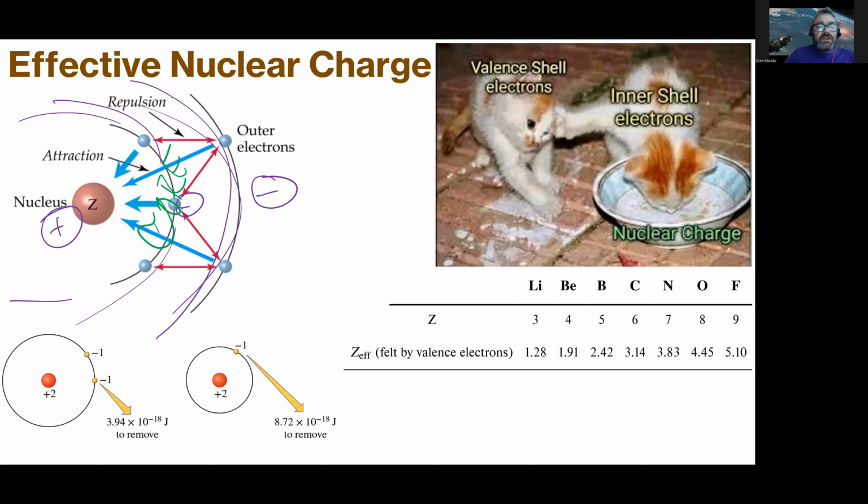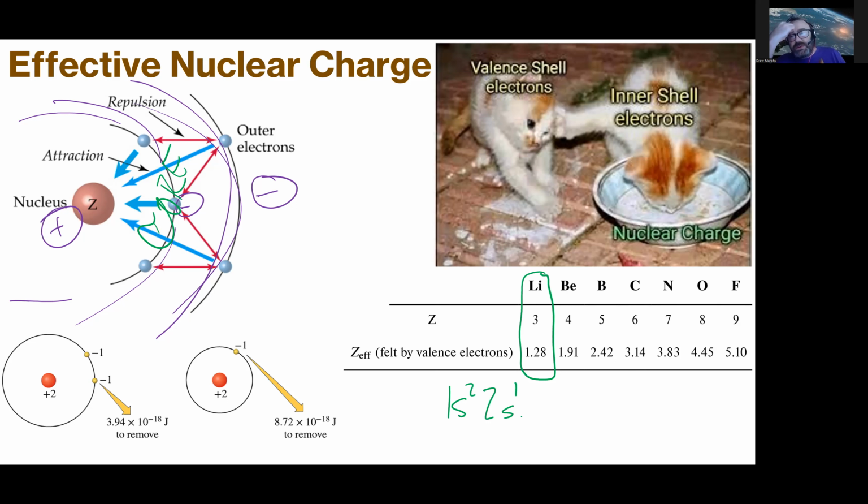So if you think about it, I like my lithium example. Lithium here has 3 protons and 3 electrons. So it's going to be 1s2, 2s1.